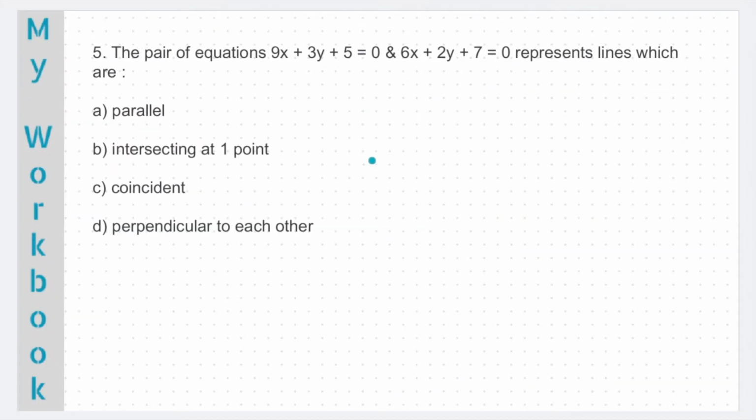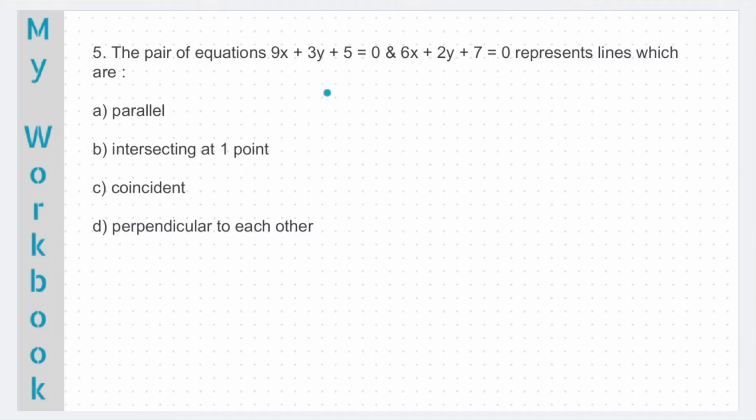Question number 5. The pair of equations 9x plus 3y plus 5 is equal to 0 and 6x plus 2y plus 7 equal to 0 represents lines which are parallel, intersecting at one point, coincident, or perpendicular to each other.